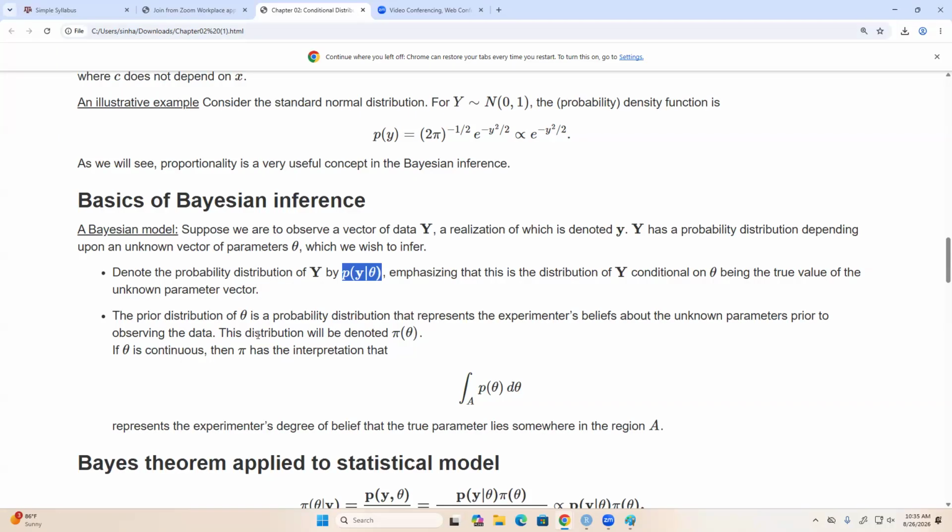One is the probability model of the data. Another is the prior model, or the prior distribution. If I put these two together, then the outcome will be the posterior distribution. We use the posterior distribution for statistical inference. You can use the posterior distribution even for forecasting of a future observation. So the basic output from the Bayesian machinery is the posterior distribution.